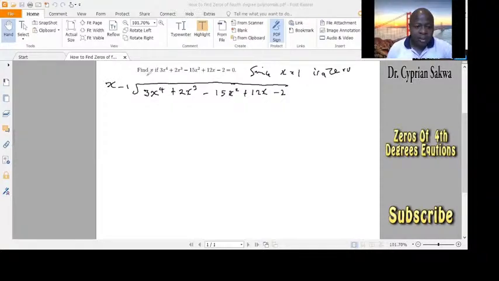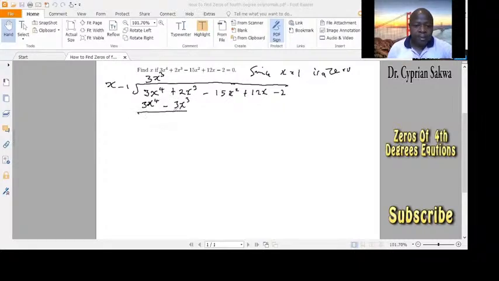And the answer is that it will go there 3x raised to 3. So 3x raised to 3 times that will be 3x raised to 4, and 3x raised to 3 times this would be negative 3x raised to 3.